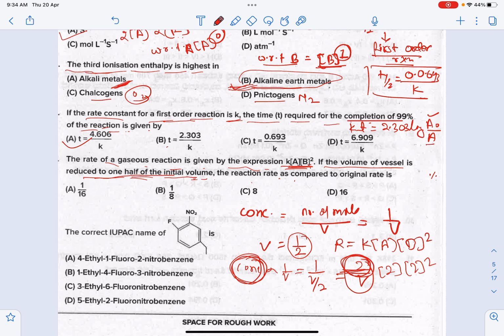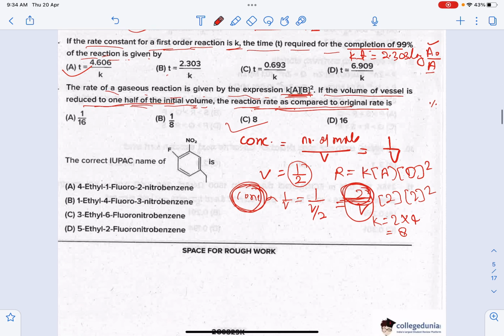Then the rate of reaction compared to the original rate will be 2 into 4, which equals 8. That means it will be 8 times the initial rate of reaction. The correct option will be C. Just remember that concentration is inversely proportional to volume, and if we reduce the volume to 1/4, then the concentration will increase 4 times.